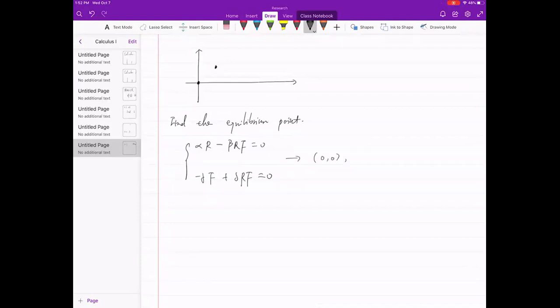So what we end up having is 0, 0, and alpha over beta, that's your fox, and your R is going to be gamma over delta. That's the rabbit.